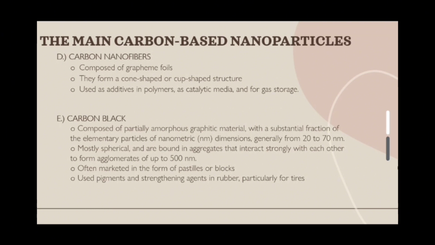Carbon black has high surface area, good electrical conductivity, and excellent light absorbing properties. It finds extensive use as a strengthening agent in rubber products such as tires, as well as inks and coatings.